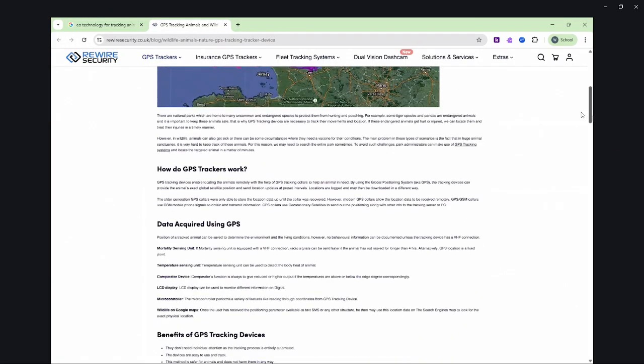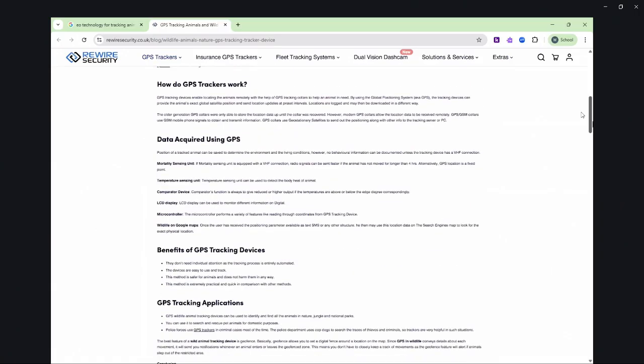So here they go. What data is acquired using GPS? Position of the tracked animal to determine the environment and the living conditions. Mortality sensing unit. If the animal hasn't moved, let's say in 4 hours, it could let you know.